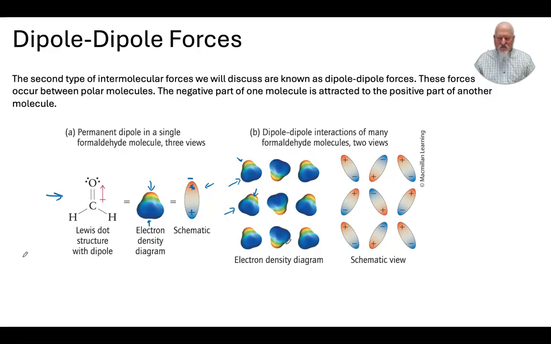You can see they're all set up that way, where the ones next to it are in the opposite direction, so that the positive end of one molecule can interact with the negative end of the other molecule. Again, if this is a liquid, they're just moving around, but they spend more time in favorable interactions than unfavorable interactions.